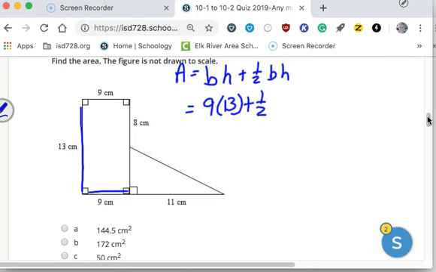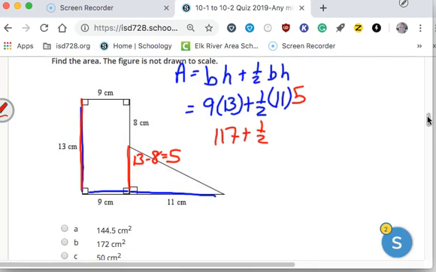plus 1/2. My dimensions of my triangle are a base of 11. And now my issue is to find this height. I know that this whole thing is 13, so 13 minus 8 is 5, that's the height. So I multiply by 5. So now I've got 9 times 13, that's going to be 117, plus 1/2 of 55.